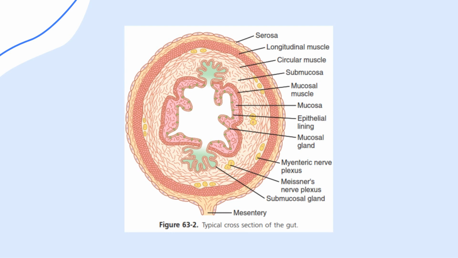Here we can appreciate the layers of the intestine with the two plexuses, the layers that we saw previously, including the myenteric nerve plexus or Auerbach's plexus, and Meissner's plexus or submucosal plexus here, which is located in the submucosa, and here we have the mesenteric, which is the one that covers the organ.